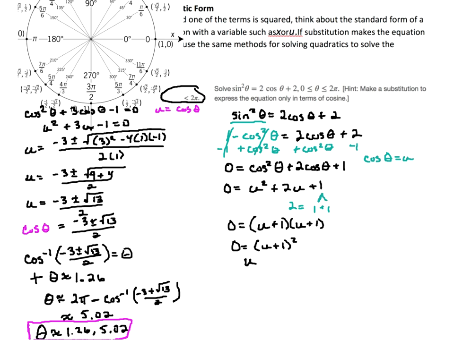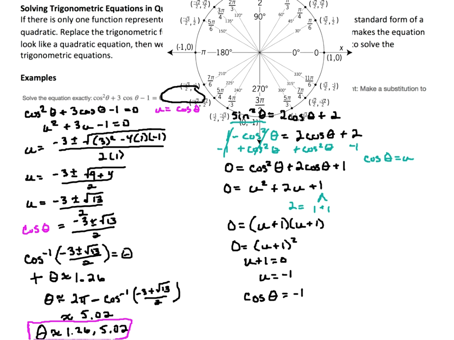So now I can use my zero product property. U plus 1 equals 0, so u equals -1. Remember, u is the cosine of theta, so when does the cosine of theta equal -1? That's where I grab my unit circle and take a look. Remember, cosine corresponds to the x value.